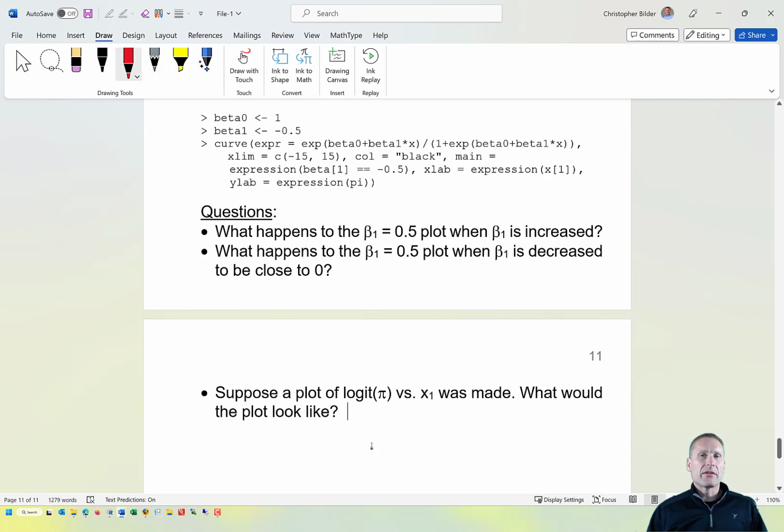What would that plot look like in this situation? If you have any questions about answering these questions, please feel free to bring it up in class. So this concludes a brief little review of normal linear regression models, and also a brief introduction to what logistic regression models are.